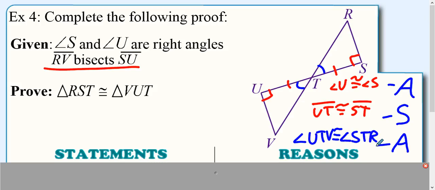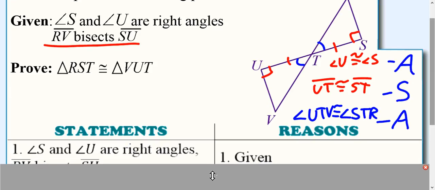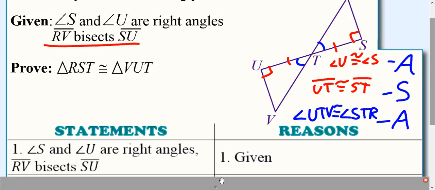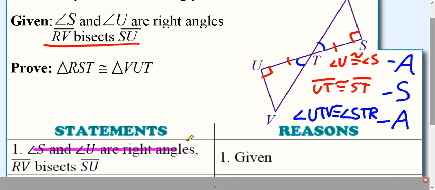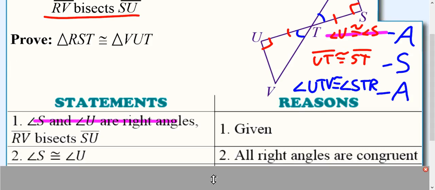So we start with the given. Angle S and angle U are right angles. We're also told RV bisects SU, so we can combine that into one statement. But the first thing you write is always the given. And from that, since they were right angles, that told us that they were congruent, because all right angles are congruent.